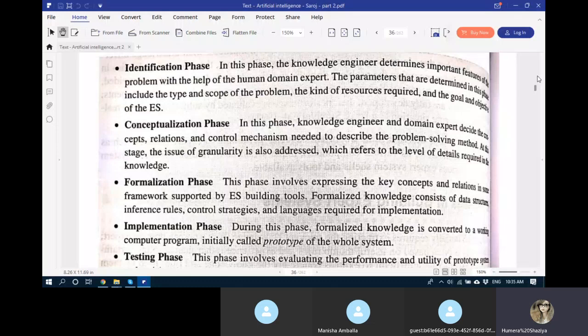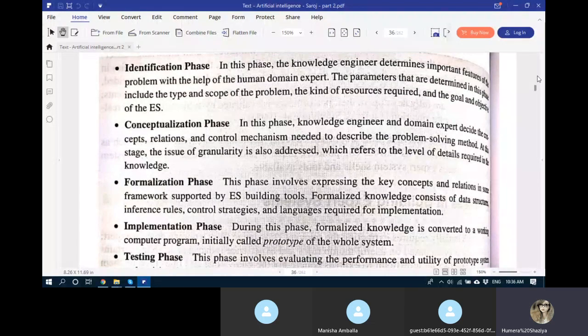You need to pose queries, and then it asks related queries to you, and it comes to a conclusion. It gives you its conclusion or whatever it infers, and finally it prescribes something. So for that, whether it is doing all this properly or not, you have to test it.